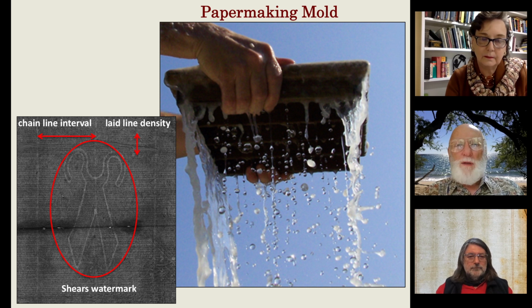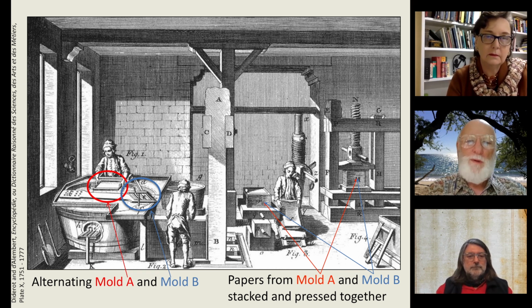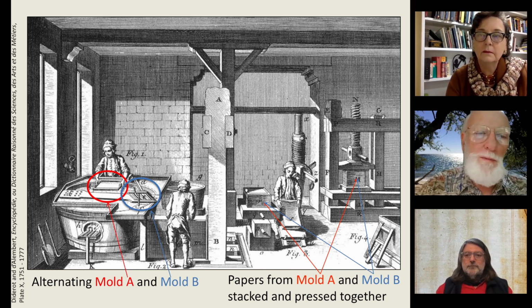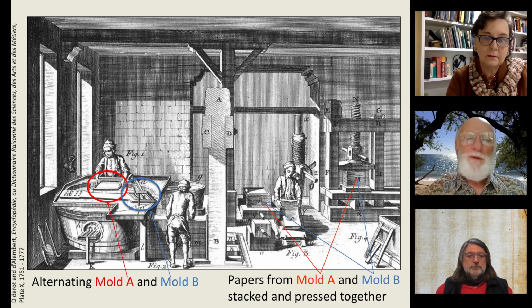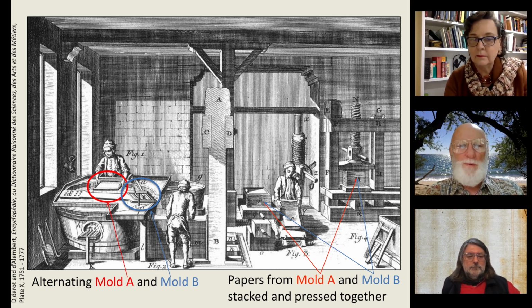The other factor, next slide, is how this is made, and there are 2 molds used at the same time. The figure 1 person on the left is the vat man who is dipping the mold, and at this point it looks like he's lifting it out, as we saw from an underneath shot on the previous slide.